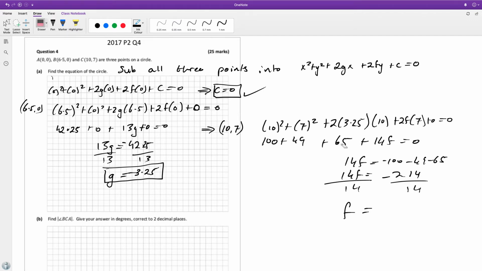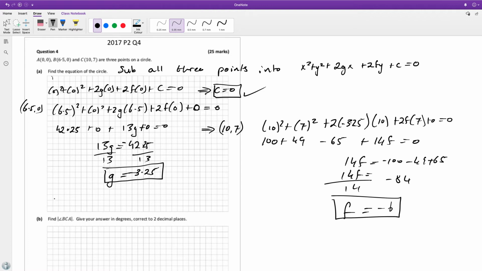Minus 3.25. That's minus 65, so that's 100 plus 49 minus 65 is 84. That should work. I think 14 goes into 84. 84, that's minus 6. Is that alright?